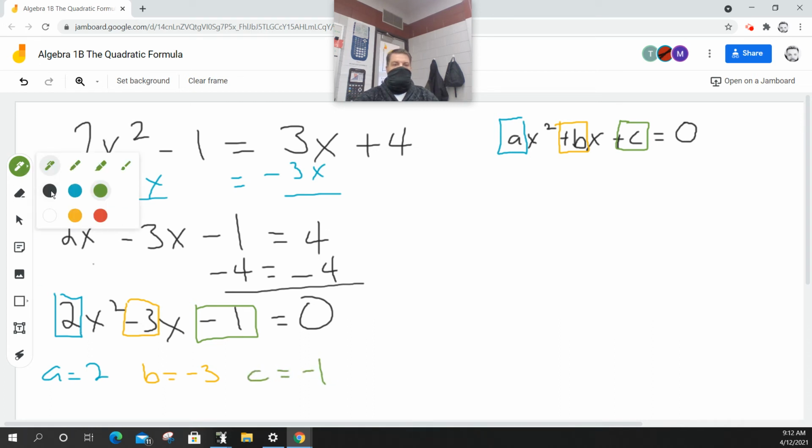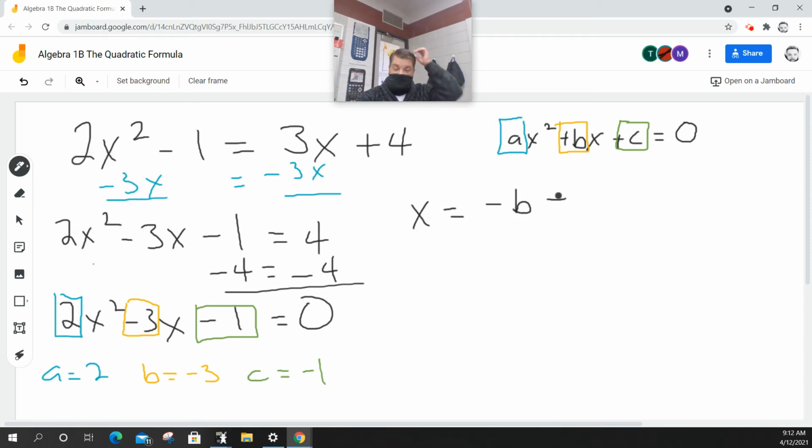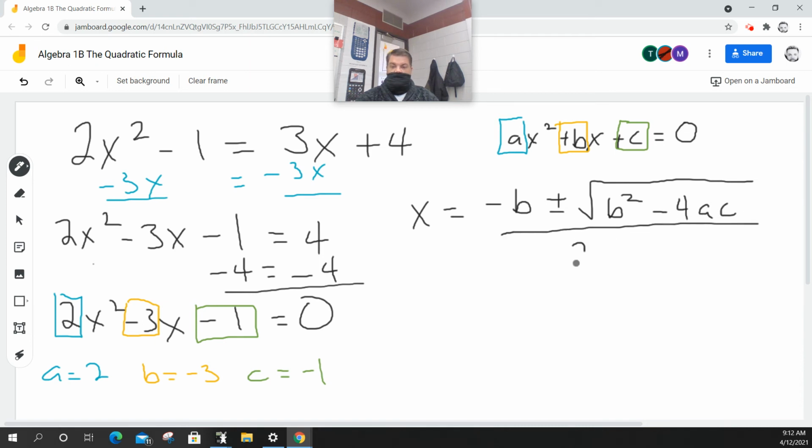So when I go to do this formula thing, I'm going to say x is equal to minus b plus or minus the square root of b squared minus 4 times a times c all over 2 times a.